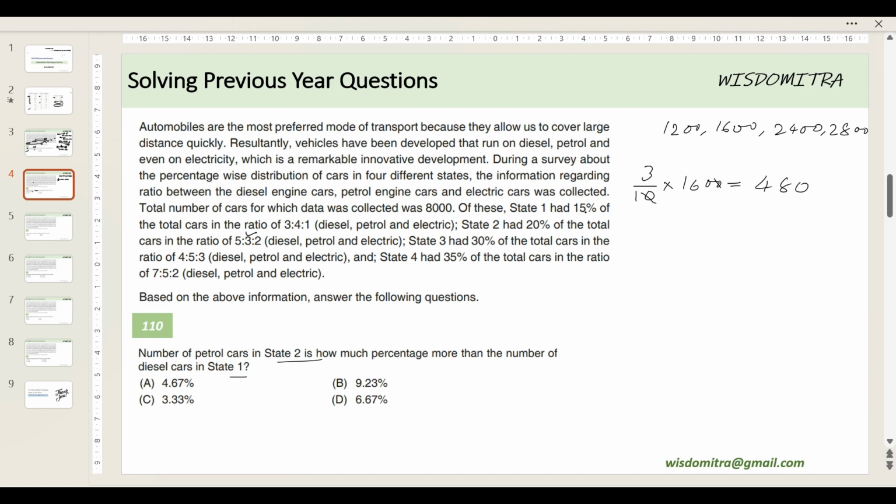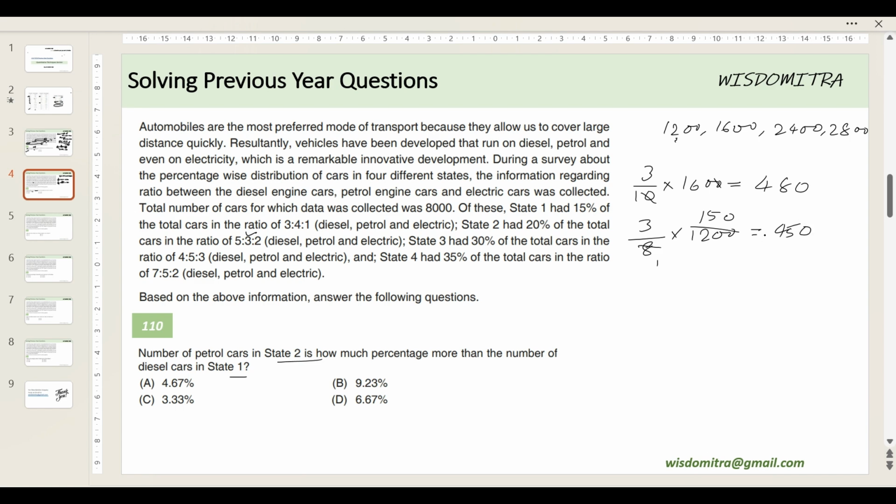What's the total number of diesel cars in state 1? State 1 has 15%, right? 3 upon 8 multiplied by 1200, since the first state has 1200. How much is it? 8 ones is 8, 40 remaining, 8 fives 40, 15 threes is 450.